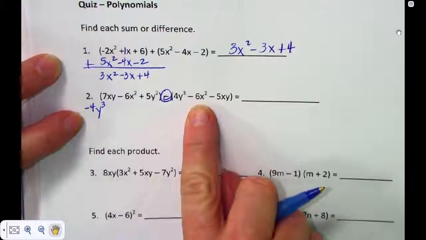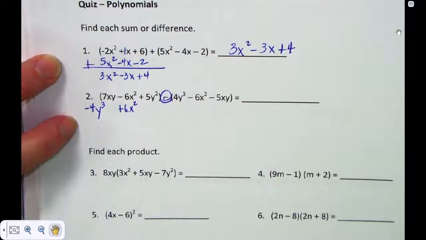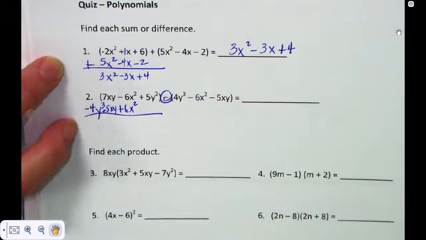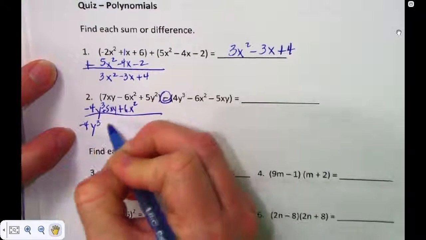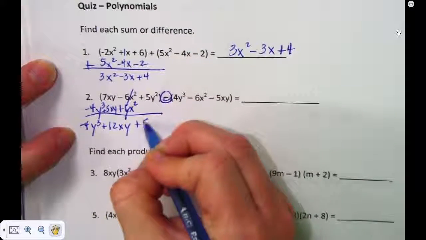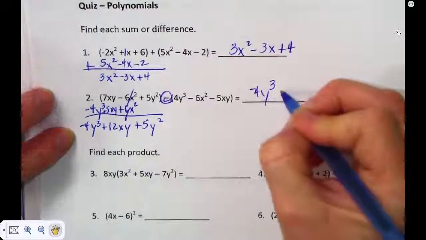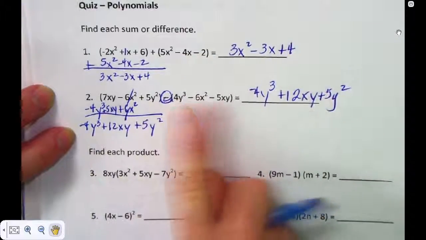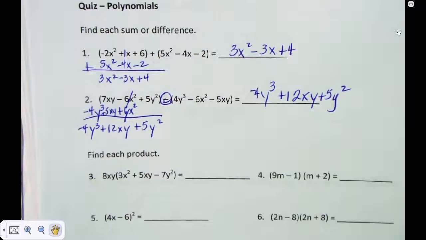That's going to be plus 6x squared plus 5xy. And then that's going to be negative 4y cubed plus 12xy. That cancels out, plus 5y squared. Some of you are just not good at changing the signs and then looking across. You leave stuff out.